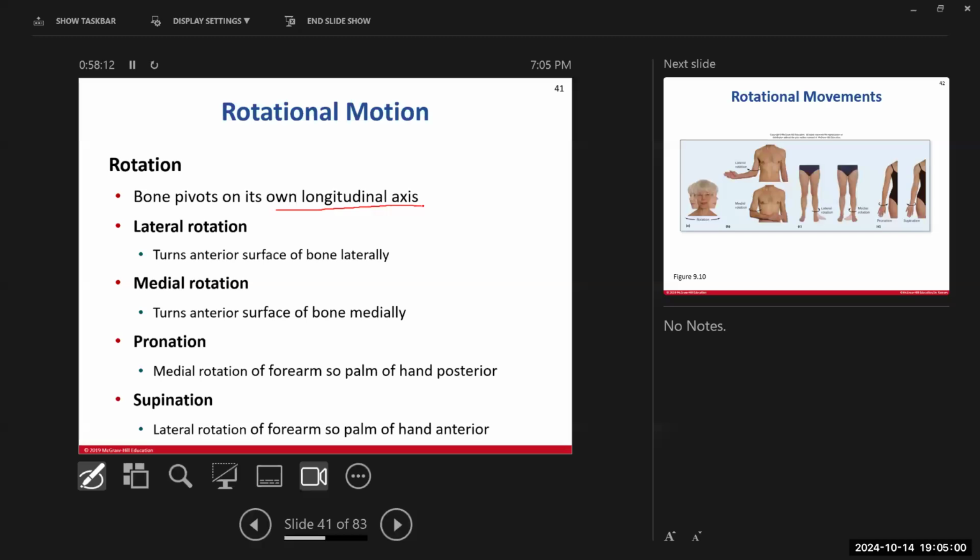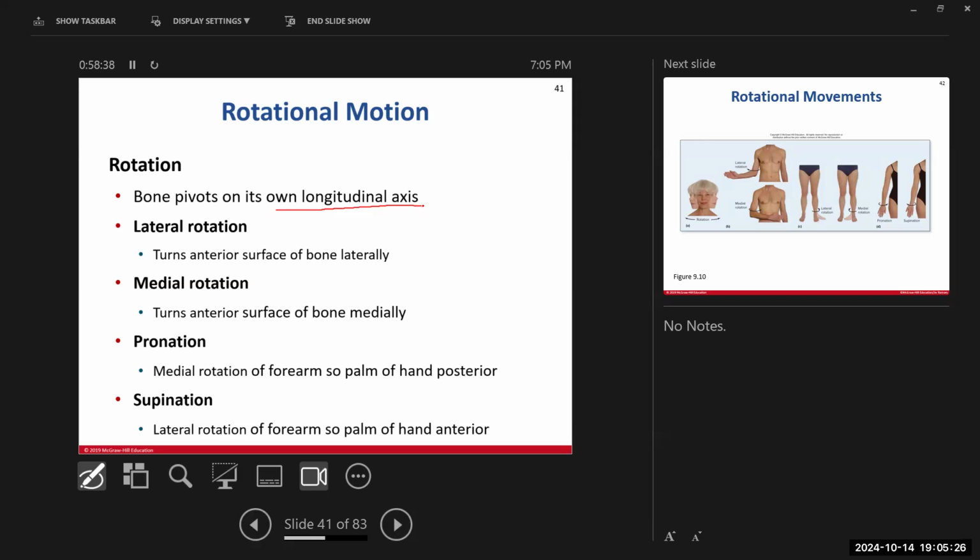So lateral rotation, now here's the thing, you've got to understand the definition of these terms to understand how they work. Lateral rotation turns the anterior surface of the bone laterally. This is all based on the anatomical position, so you have to imagine how the bone appears in the anatomical position. For example, let's use the humerus, the portion where your biceps brachii sits on top of.